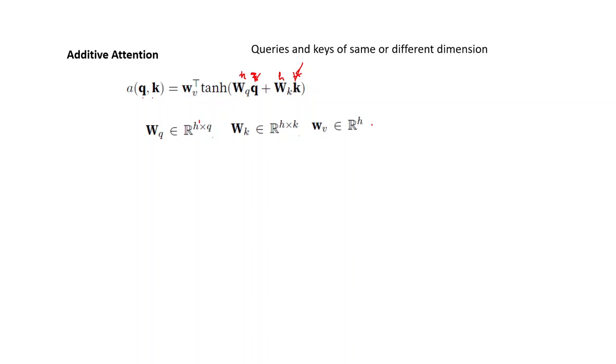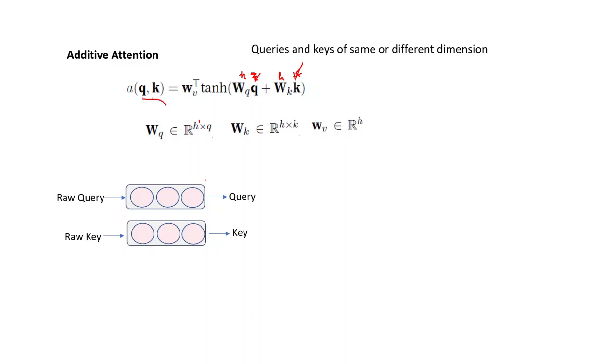Now in practice, how do we actually compute this additive attention? We take the raw query and pass it through a fully connected layer. I am using this convention to depict a fully connected layer.